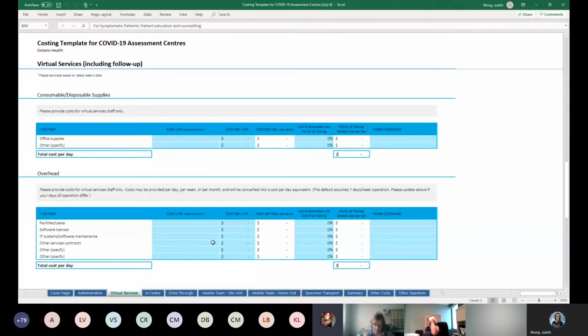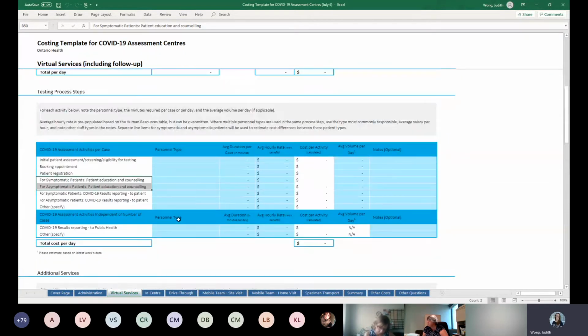Good. Thank you. Next question. Can you please again explain why you assume the virtual service tab will apply to all? Yes. So the only part that I think should apply to everyone is the reporting. So I expect that even if you're not operating appointment booking or screening virtually, you would be doing your results reporting virtually because it's after the patient has already left.